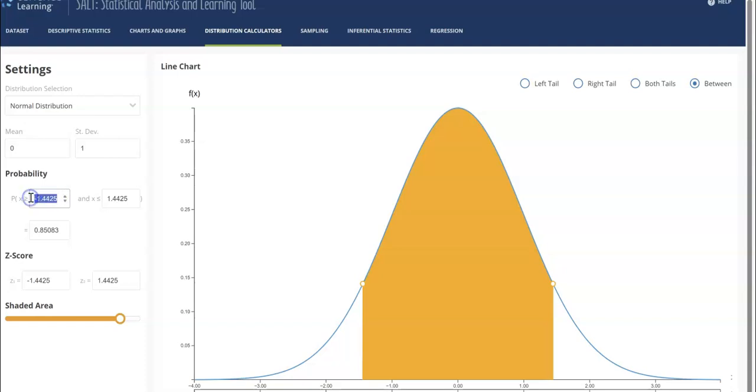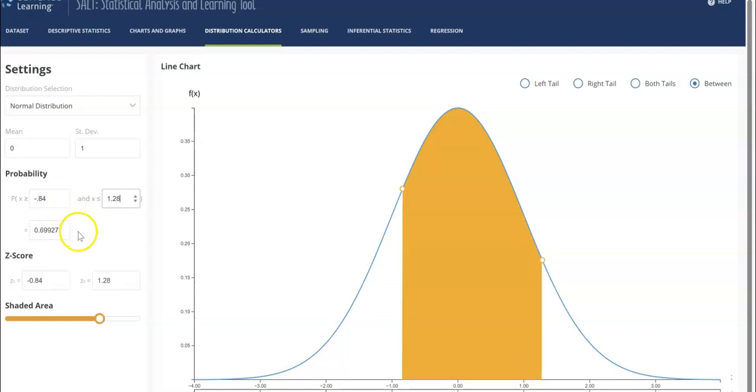So I want to be greater than negative 0.84, but I want to be less than 1.28. I get 0.6993 if I go 4 decimal places there.